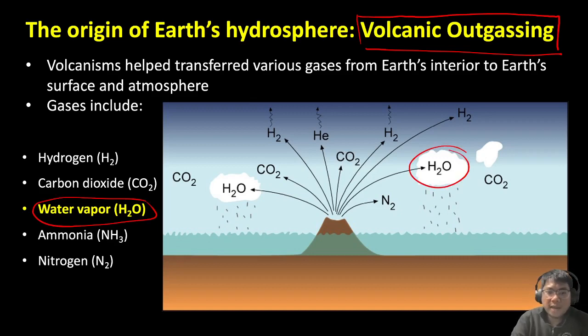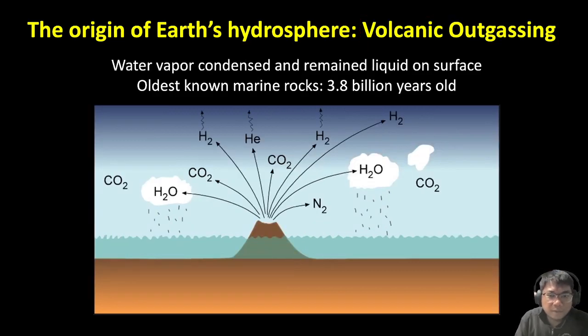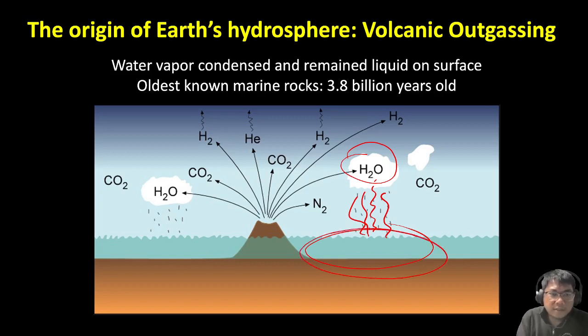So what happened here is that when water vapor in the atmosphere condensed, it fell down as rain, and it remained liquid on the Earth's surface. Now how do we know about this? Again, because of the rock records that we have on Earth. The oldest known marine rocks are about 3.8 billion years old. That means that at least 3.8 billion years ago there was already ocean forming on the surface of the Earth.